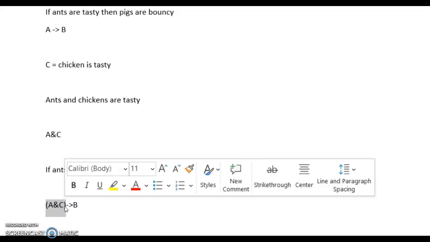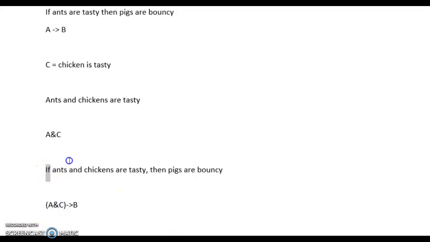Because these are the conditions here. If ants and chickens are tasty, right? Then, if both of these things are true, then it is true that pigs are bouncy. Okay, so we're going to want to put the A and C in parentheses together. Okay, and this makes them a unit, right? They're able to function together as a unit. They are both conditions together for the truth of B.